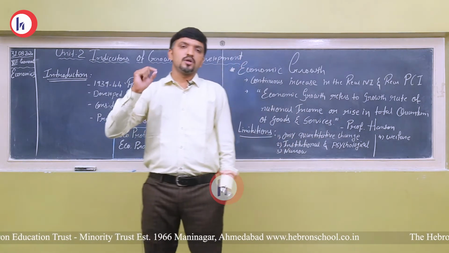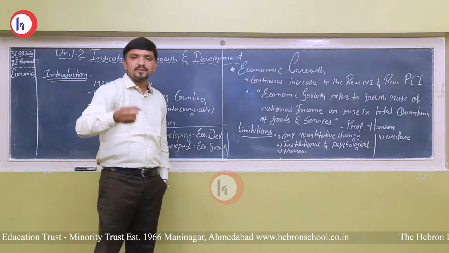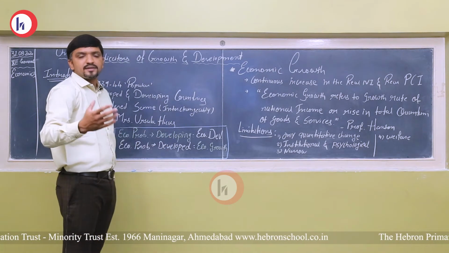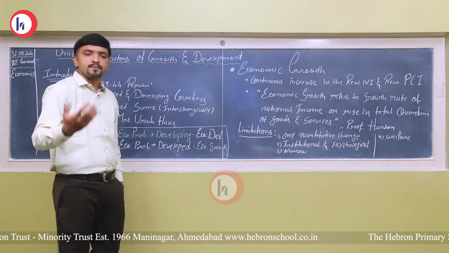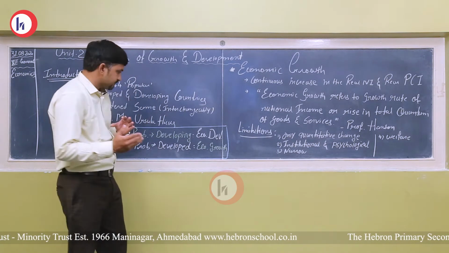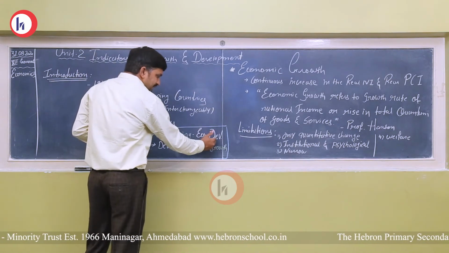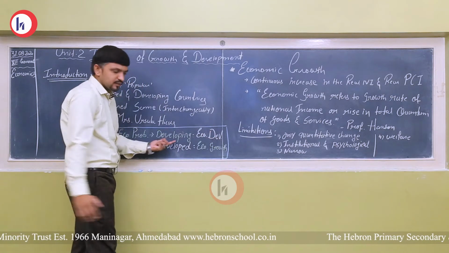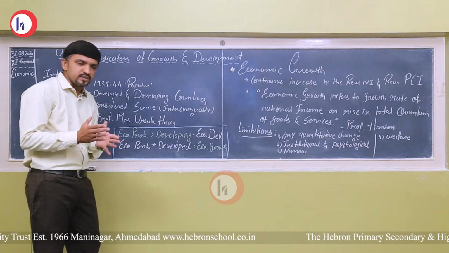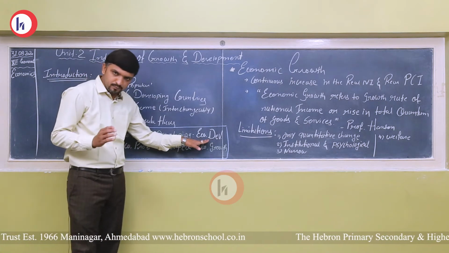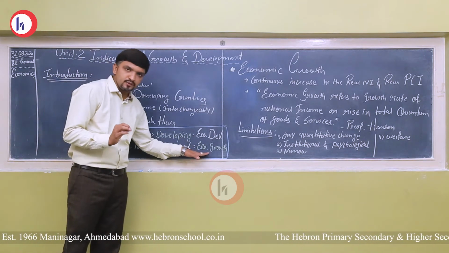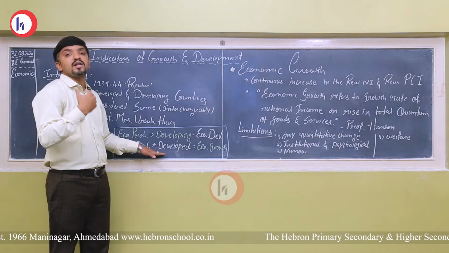And the solution for the economic problems of developed countries, countries like America, countries of Europe, Japan, is economic growth. Means economic development is related to developing countries and economic growth is related to developed countries. Once again, economic development is related to developing countries and economic growth is related to developed countries.